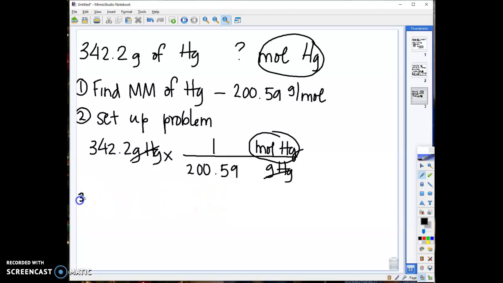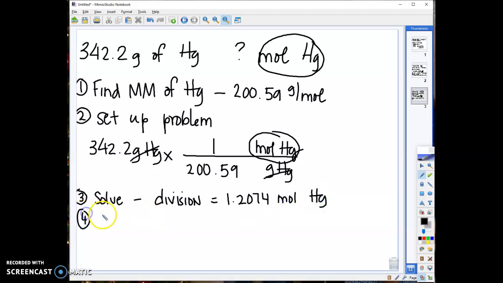Now this time I have to solve, but instead of multiplication, I use division. So I divide 342.2 by 200.59, and I get 1.2074 moles of mercury.